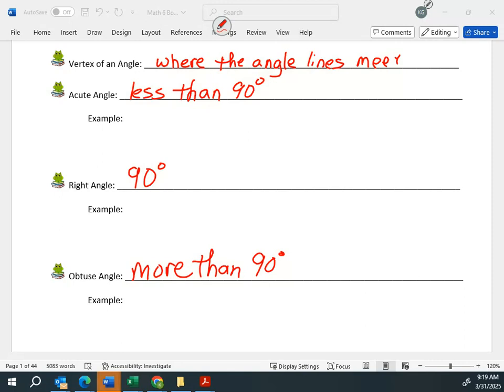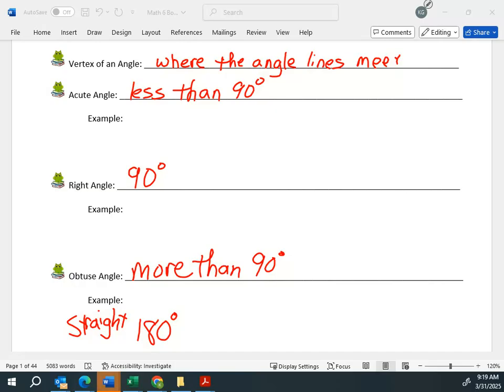And then that straight angle is exactly 180 degrees. So your acute is less than 90, right angle is 90, obtuse is more than 90, and the straight angle is exactly 180 degrees. So you need to know your different angle measurements.